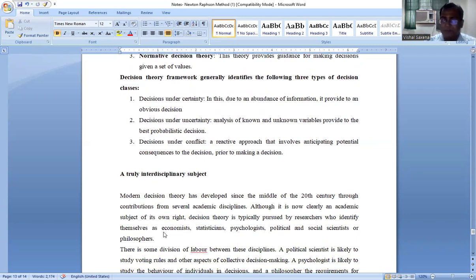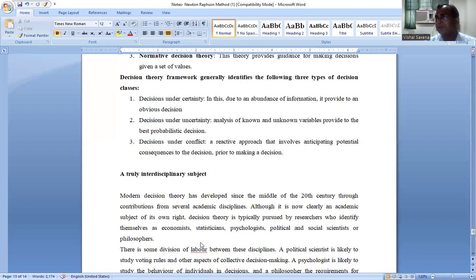And next is a truly interdisciplinary subject. Decision theory is a truly interdisciplinary subject because it is a model of operations research, and it is useful for various different areas, different fields of real life.